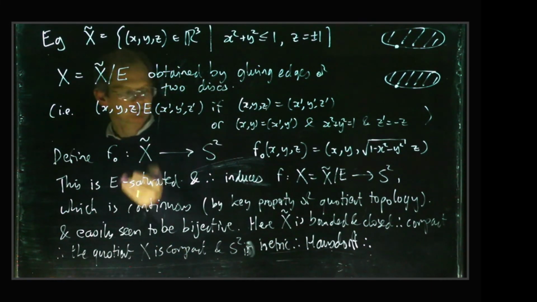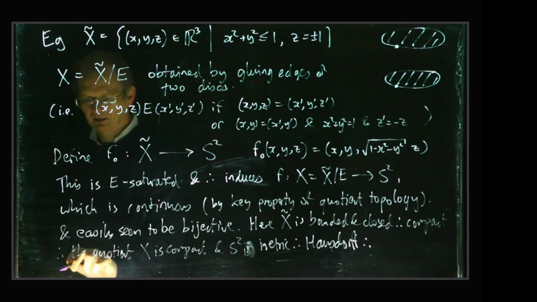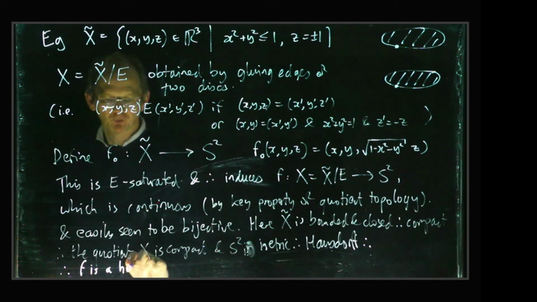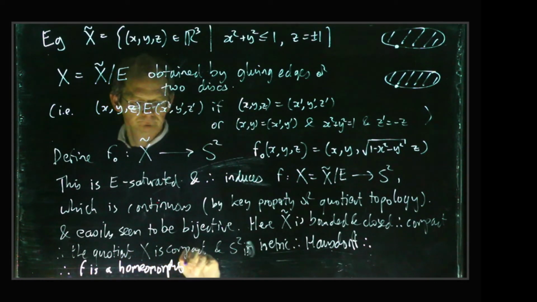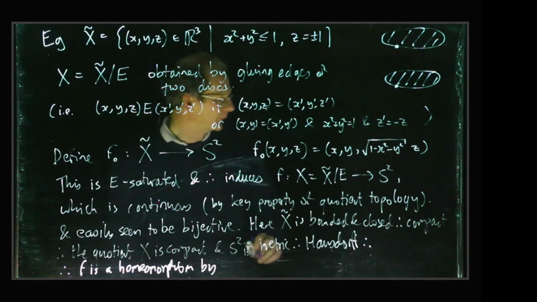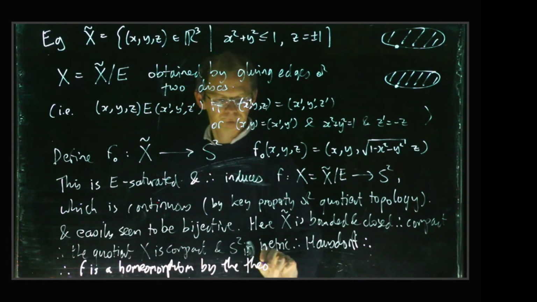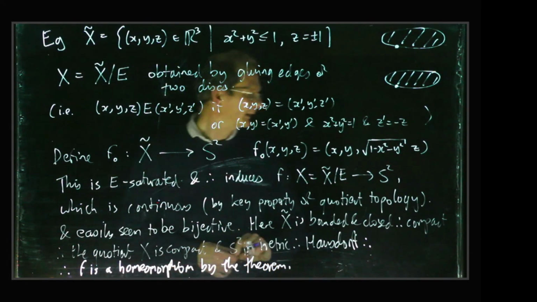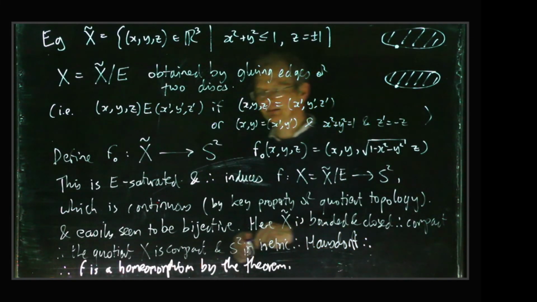And so we've got a continuous bijection from a compact space to a Hausdorff space. So F is a homeomorphism by the theorem that we just proved. So that's a fairly typical application of that theorem.